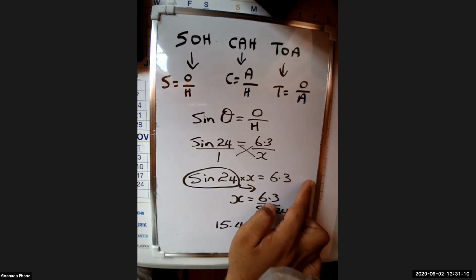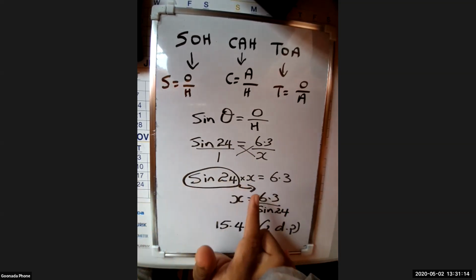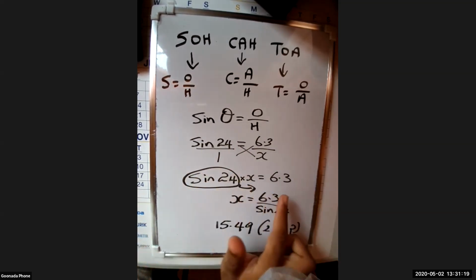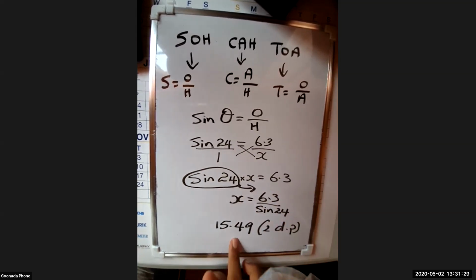That's why I didn't put it multiplied by 1 here. Now we don't want sine 24 multiplied by x, we just want x. Since multiplication is taking place here, I'm taking this across. So it will be 6.3 divided by sine 24. On your calculator, you press 6.3 divided by sine 24, and you will get 15.48 something, and I'm approximating it to 15.49. Okay?